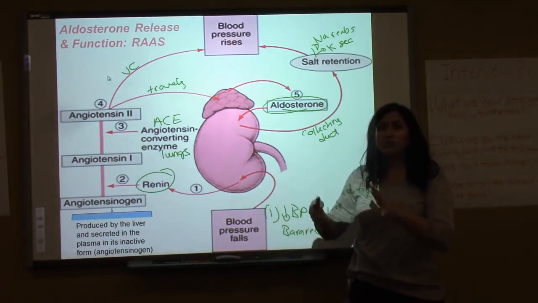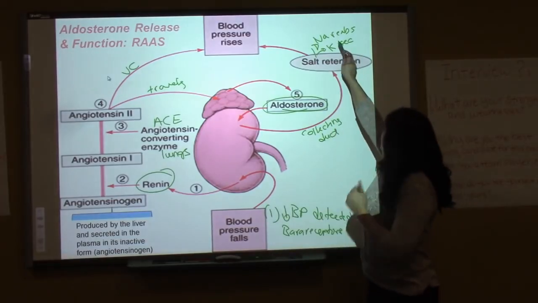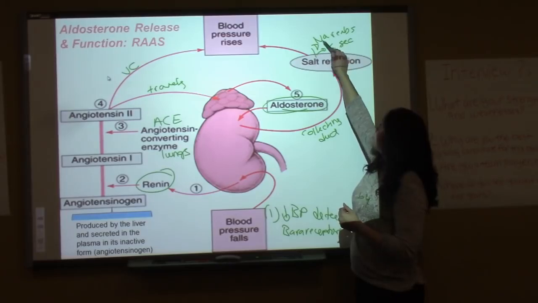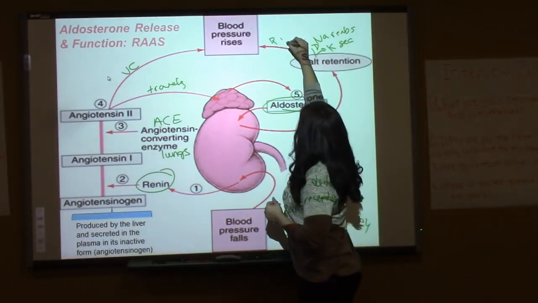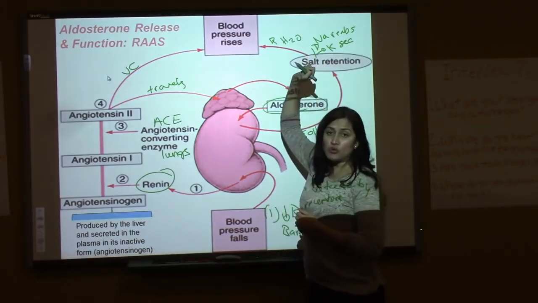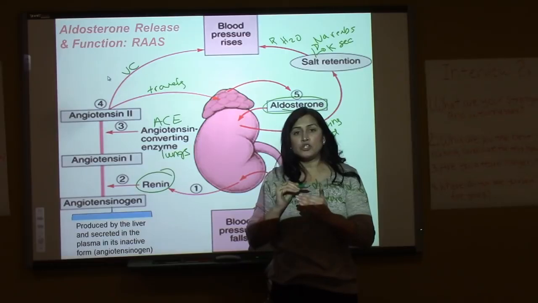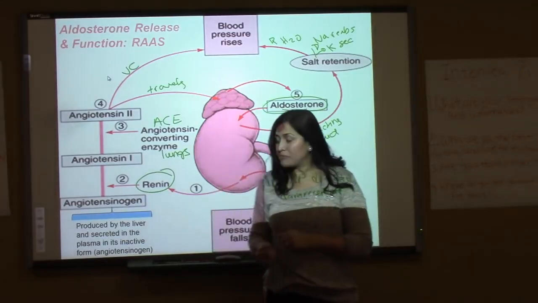So the sodium goes back into our bloodstream, potassium is secreted out. Now the golden rule is wherever sodium goes, water follows. Because we have reabsorbed sodium, water follows. So there's increased H2O content, and that causes an increase in blood pressure. As soon as your blood pressure has elevated to its set point, the cycle ends.